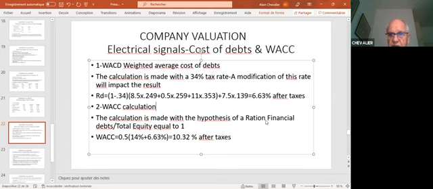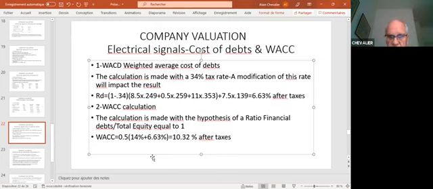We have, of course, a ratio which is equal to 1. And the WACC is very easy to calculate because we just have two numbers. We have the weighted average cost of total equity, calculated in the preceding slide, 14%.